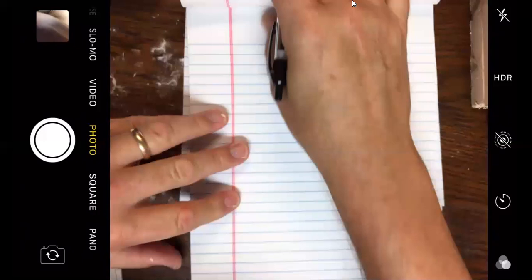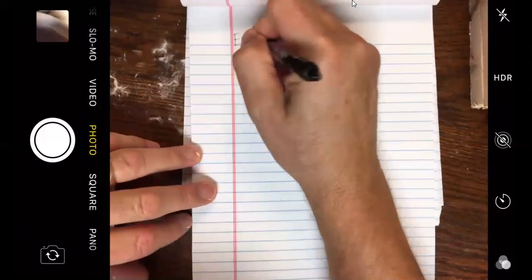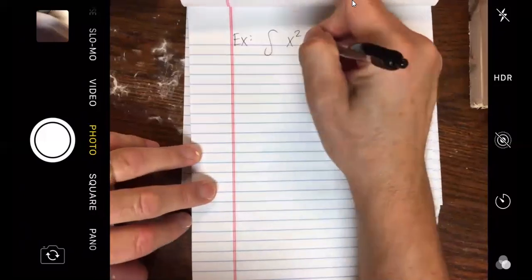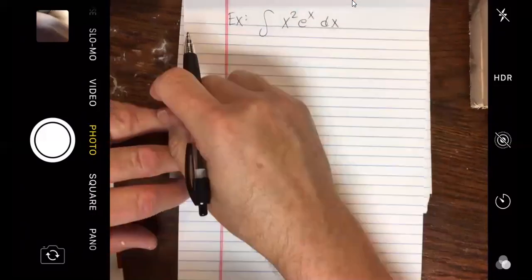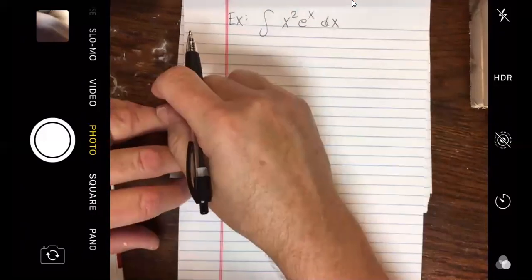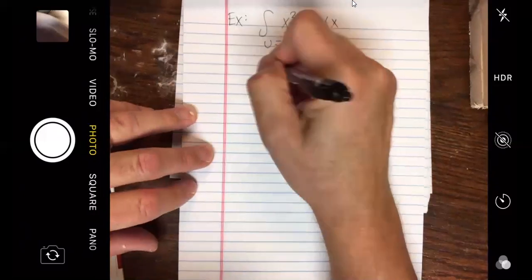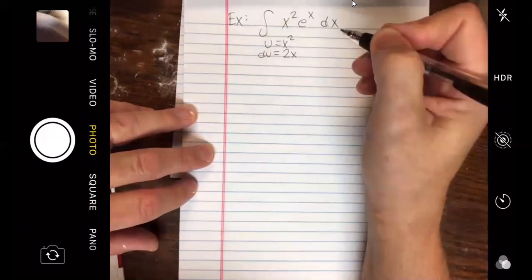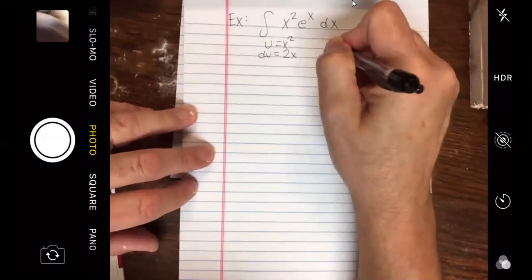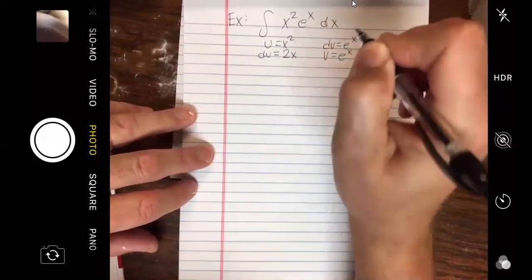Let's keep it really simple with x squared e to the x. So example, another trick, integral x squared e to the x. Same idea, u is your x squared, du, 2x, dv e to the x, v e to the x.